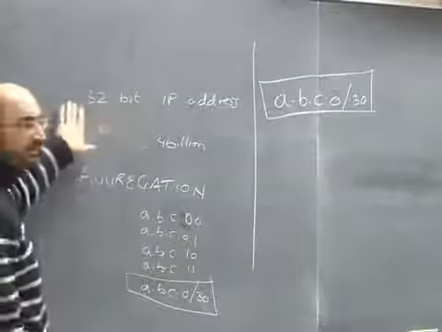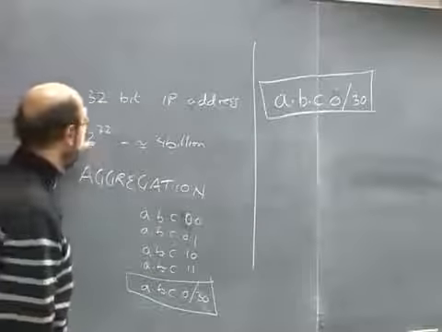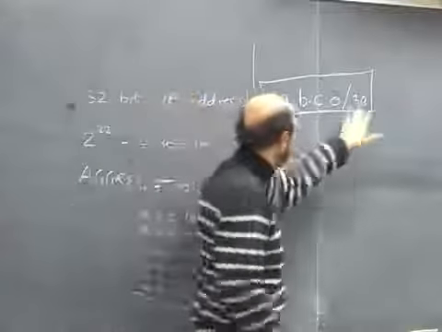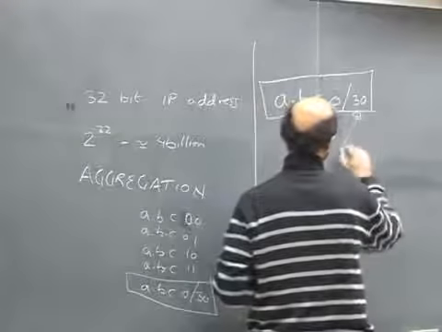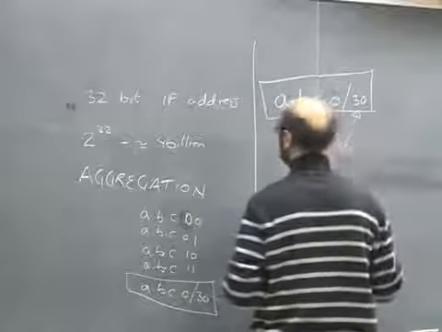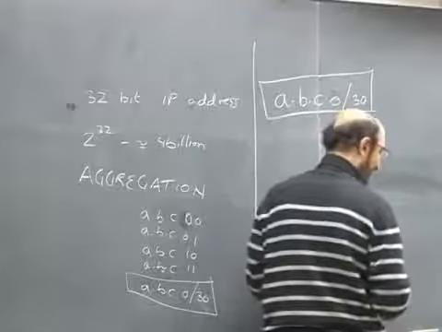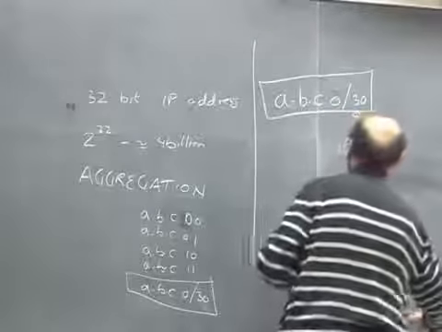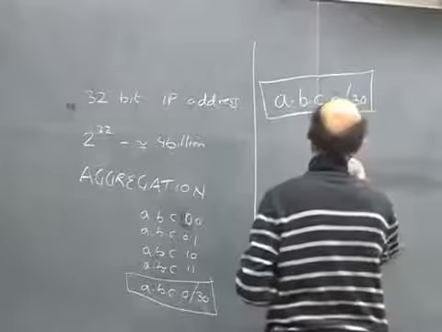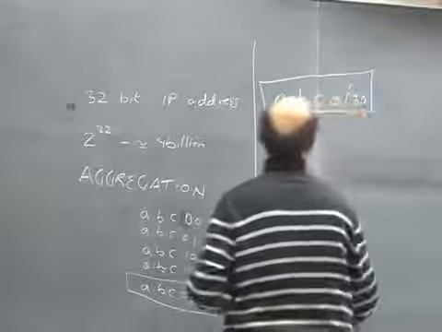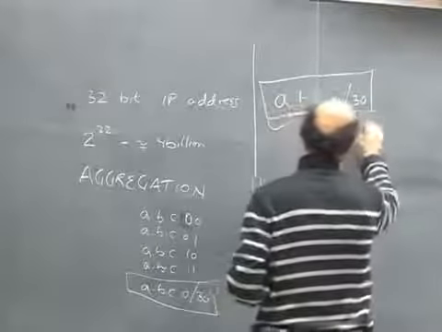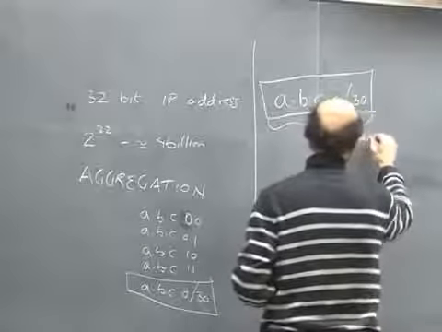We know it's a 32-bit IP address, right? And we're saying that this one, you can read it as ignore. Right, so this is the size of the mask.